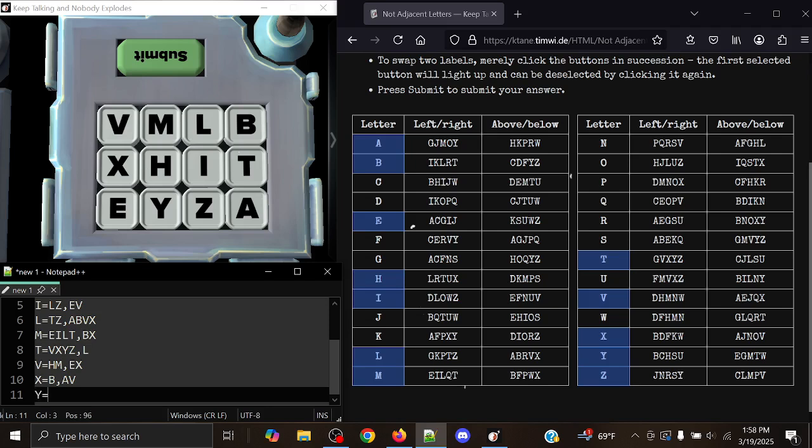Yankee is equal to Bravo, Charlie, Hotel, Sierra, Uniform, or Echo, Golf, Mike, and then Tango, Whiskey. And then Zulu is equal to Juliet, November, Romeo, Sierra, Yankee.